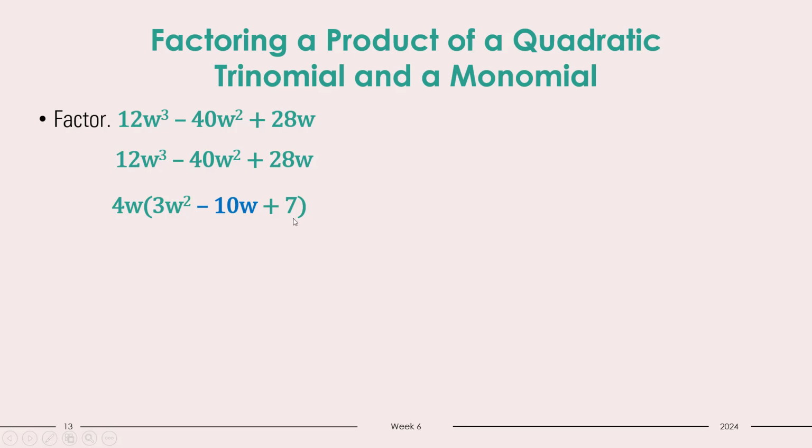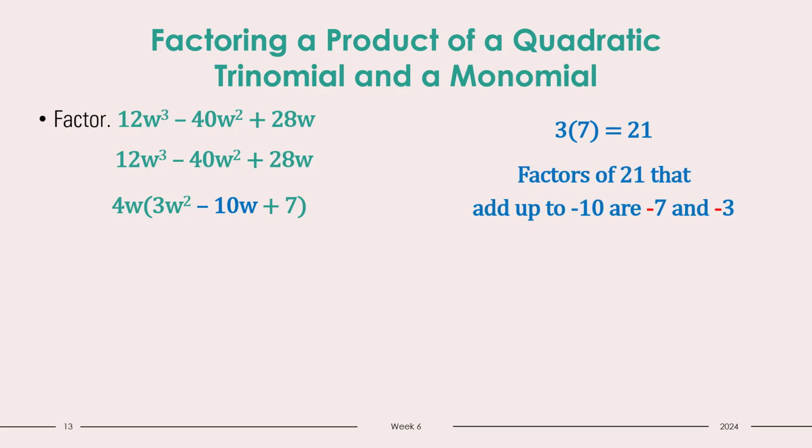So now we can use our AC method, and I'm looking at 3 times 7 gives me 21. So I need the factors of 21 that add up to negative 10. And so those factors are going to be negative 7 and negative 3. Negative 7 times negative 3 gives me 21.